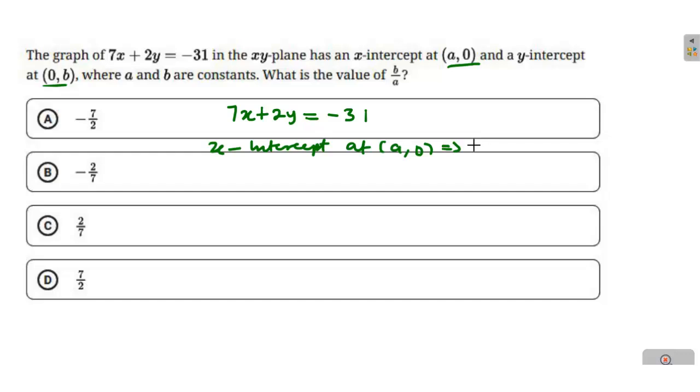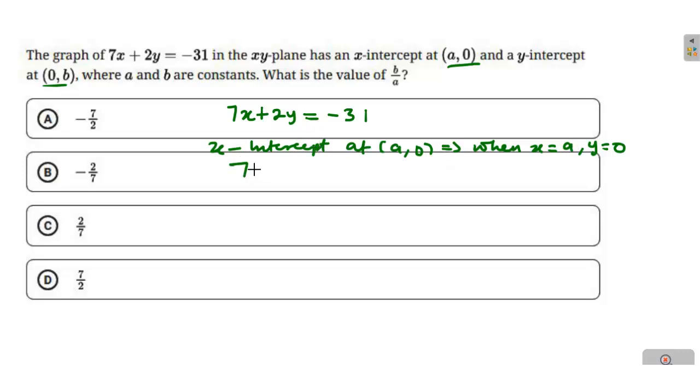That is, when x is equal to a, y is equal to 0. That is actually what it means. That's the value of x, but in this case x is a here, right? So all we do is wherever we see x we plug in a, and wherever we see y we plug in 0.